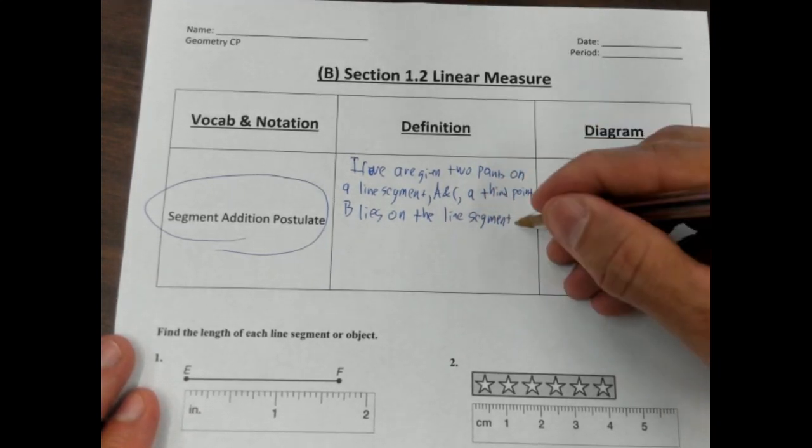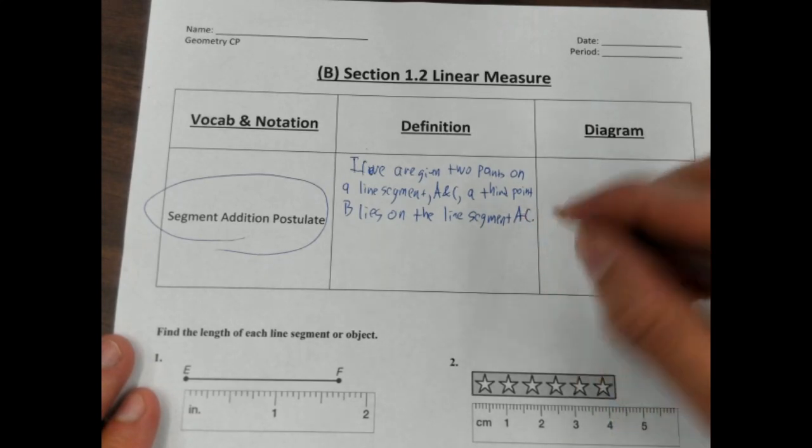And we're going to say that line segment is AC. That indicates that the endpoints are AC.